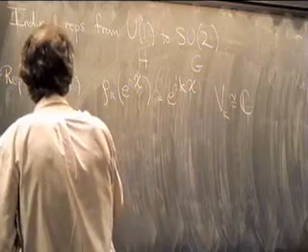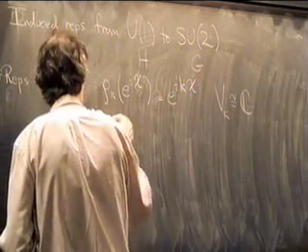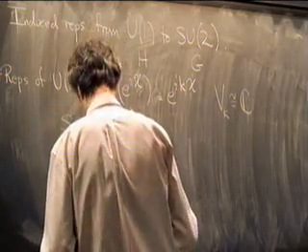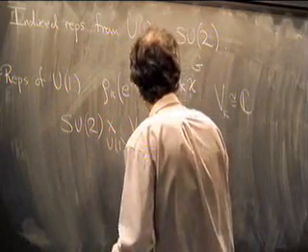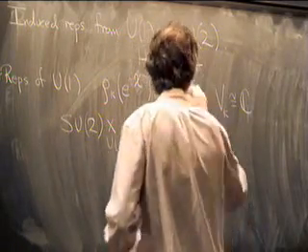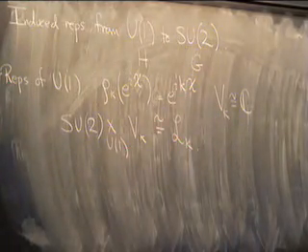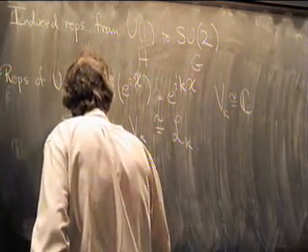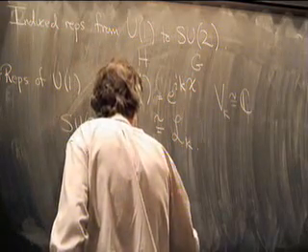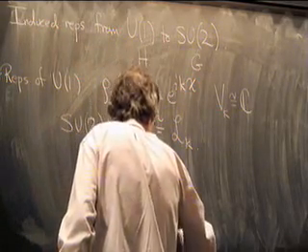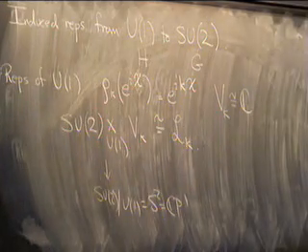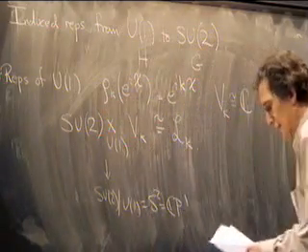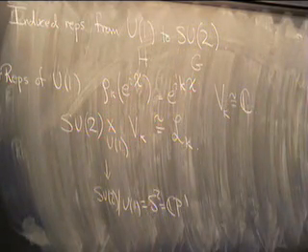Then, as I've already said in this lecture, we can form the associated vector bundle, as a complex line bundle over SU2 mod U1, which we can identify with S2 or with CP1. This is what we called L sub k.